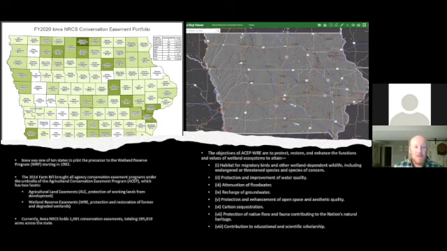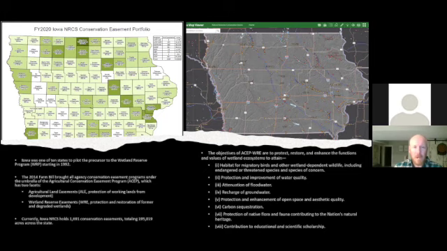As a result, the conservation easement programs came to be under then the Soil Conservation Service and later the Natural Resources Conservation Service. So Iowa has almost a 3-decade-long history now of conservation easement programs.